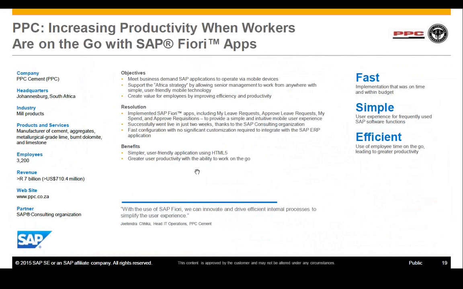Simple, user-friendly application, greater user productivity. That's a very important argument. Greater user productivity with the ability to work on the go. And it was adopted fairly quickly. It's a matter of a few weeks. With the use of SAP Fiori, we can innovate and drive efficient internal processes to simplify the user experience.